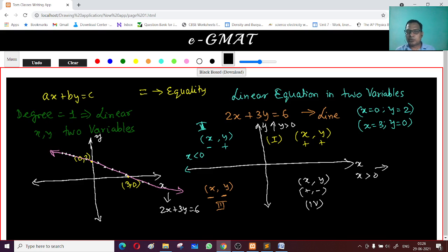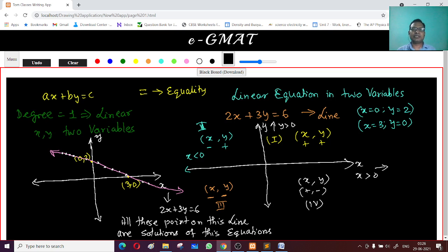All these points on this line are solutions of this equation. Any point you choose and plug into it is going to satisfy this equation. So it has got infinite solutions.